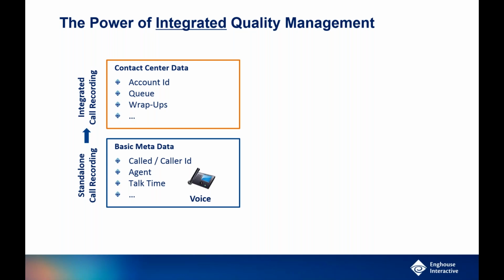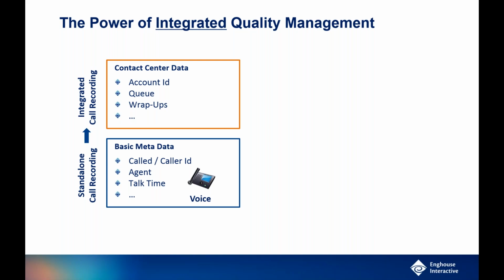And your questions, your campaigns around quality, are often driven specifically around those things, or maybe call outcomes represented as wrap-ups. So being able to understand how many particular interactions resulted in a particular disposition or wrap-up, you can drill down on your call recordings that way. So just integrating the contact center itself allows you to add a lot of further detail and search capability into your quality management.